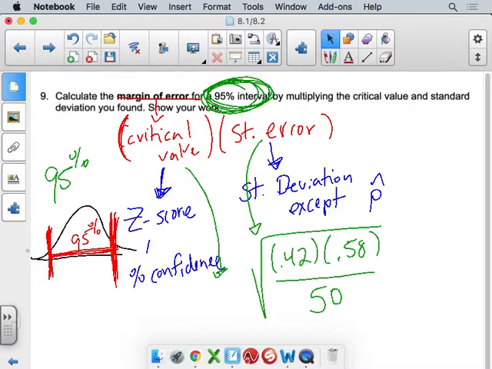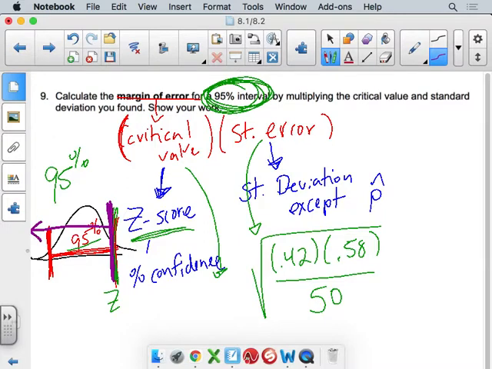How do we get our z-score from this? What is the z-score at that 95%? We know that the z table always goes from the far left, less than, like from negative infinity. So what percent are we actually looking for if this is the middle 95%?